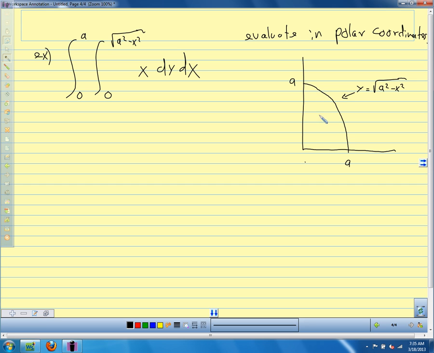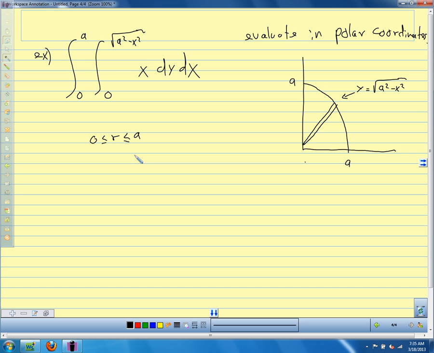So we want to switch that to polar coordinates. What is r going to vary from in this if we switch this to polar coordinates? Our radius is going to vary from 0 to a, 0 less than or equal to r less than or equal to a.